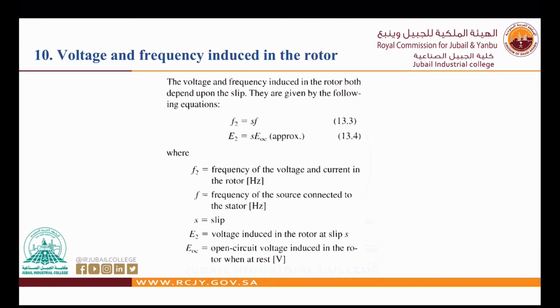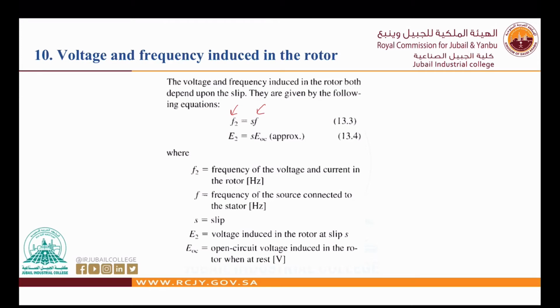Now, this is very important regarding the voltage and frequency induced in the rotor. The voltage and frequency induced in the rotor both depend upon the slip. They are given by the equation. As you can see here, F2 means the rotor frequency, and F means the stator frequency, which is the supply frequency.